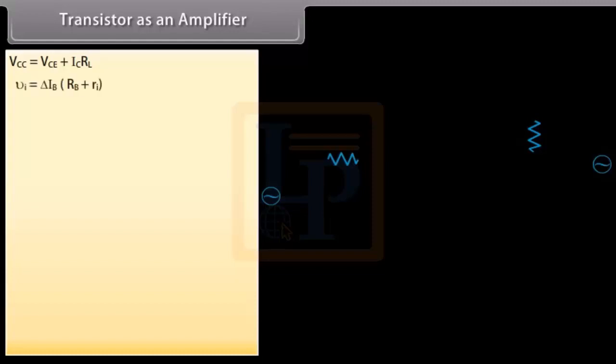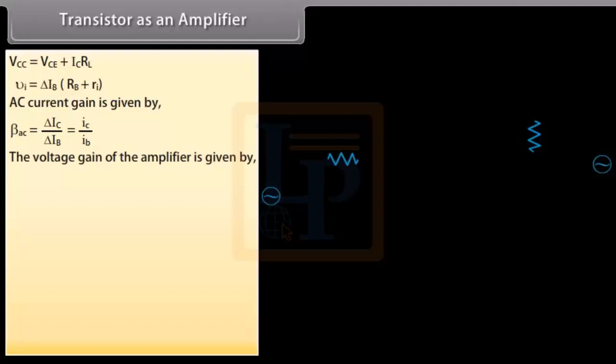Delta Vi is equal to delta IB multiplied by (RB plus Ri). AC current gain is given by beta AC is equal to delta IC upon delta IB. The voltage gain of the amplifier is given by AV is equal to delta VCE upon Ri delta IB, or it can be written as AV is equal to minus beta AC RL upon Ri.